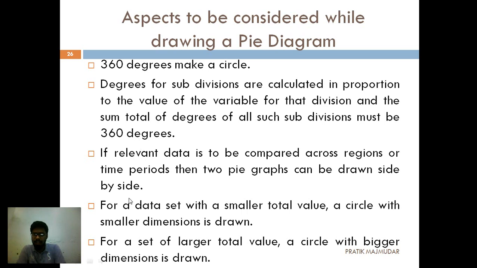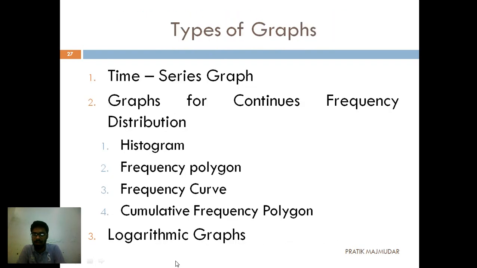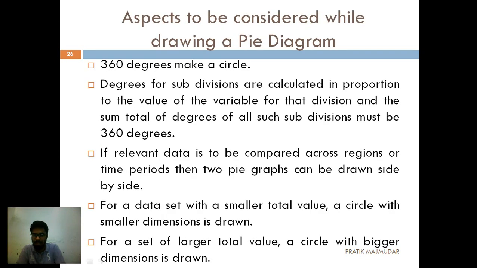Same when the data is a set with a smaller total value, the dimension of the pie diagram will be smaller. If the total value is larger, then the circle will become bigger, that means its dimension will become higher than the previous one. So this is it for pie diagram.